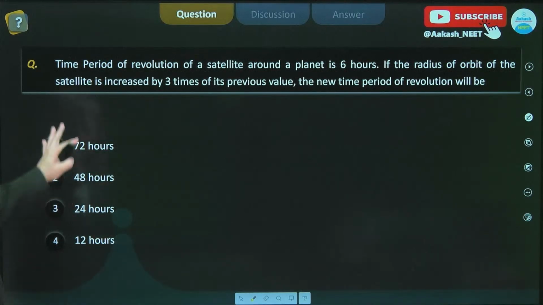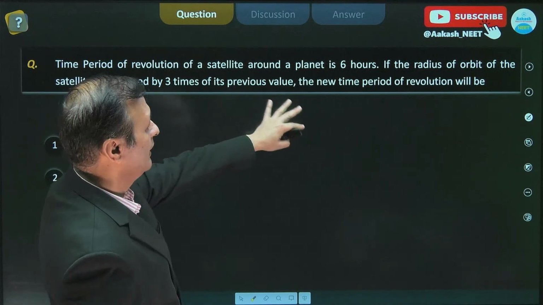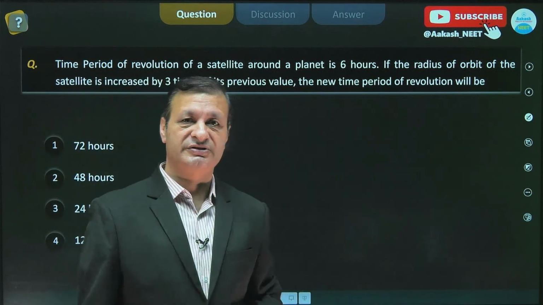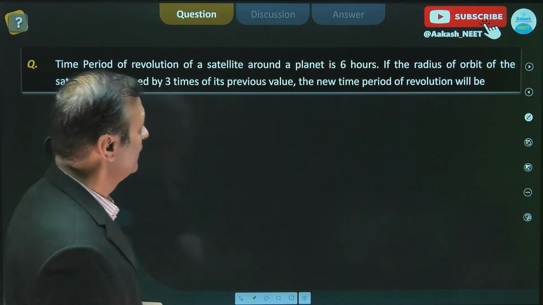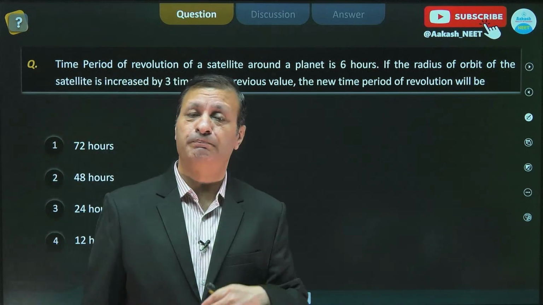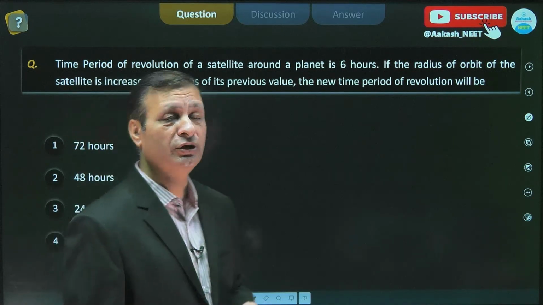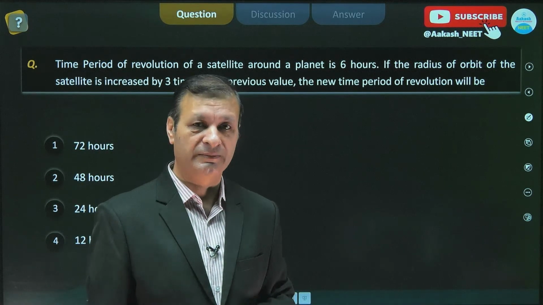It says time period of revolution of a satellite around a planet is 6 hours. Fine. If the radius of the orbit of the satellite is increased by 3 times its previous value, the new time period of revolution will be.